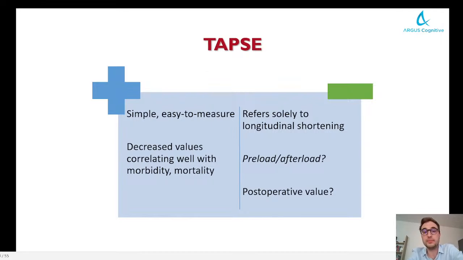advantage of this parameter. We can also definitely say that decreased values correlate quite well with morbidity and mortality. So it can almost be perceived as a semi-quantitative measure in which decreased values usually mean deteriorated global function and are consequently associated with poor outcome.